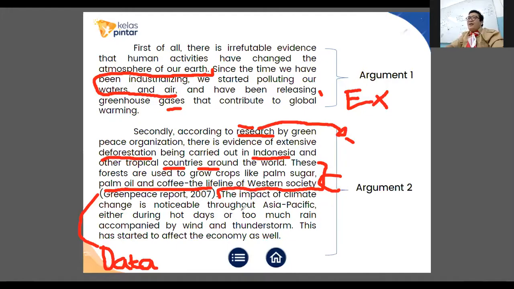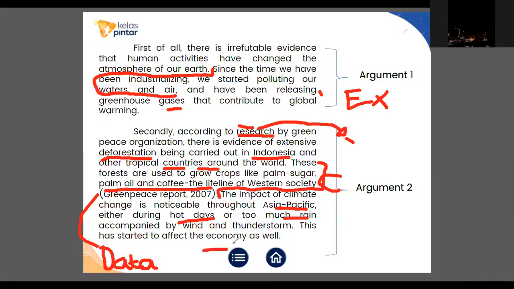The impact of climate change, dijelaskan lagi, is noticeable through Asia Pacific. Ada perubahan juga di Asia Pasifik during hot days, too much rain. Yeah. This has sorry sir, waktunya udah habis ya sir. Oke.